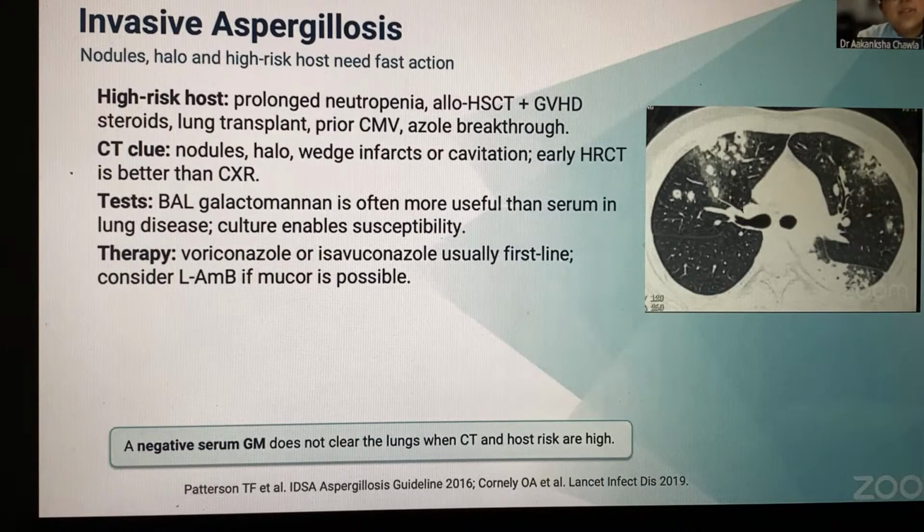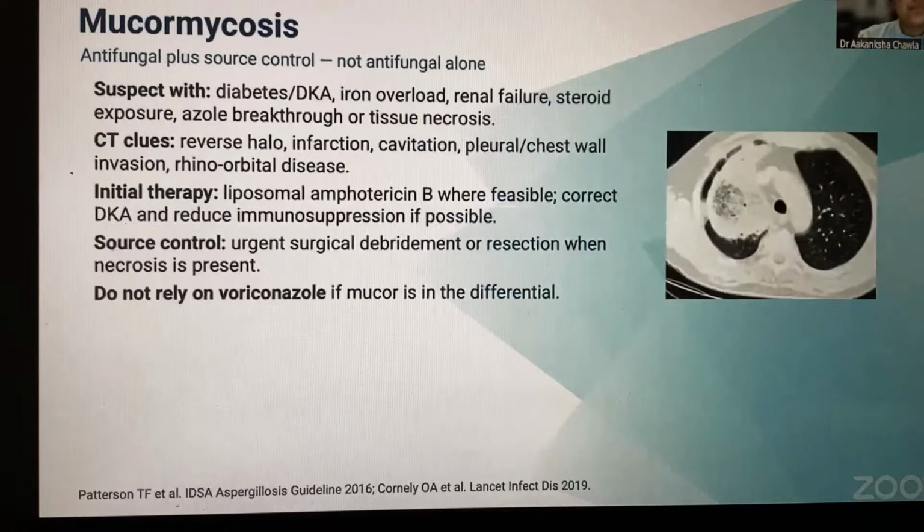If you're suspecting that there could be mucor, then you must consider therapy with liposomal amphotericin B. For mucormycosis, we've seen post-COVID also a lot of diabetics are specifically very prone.